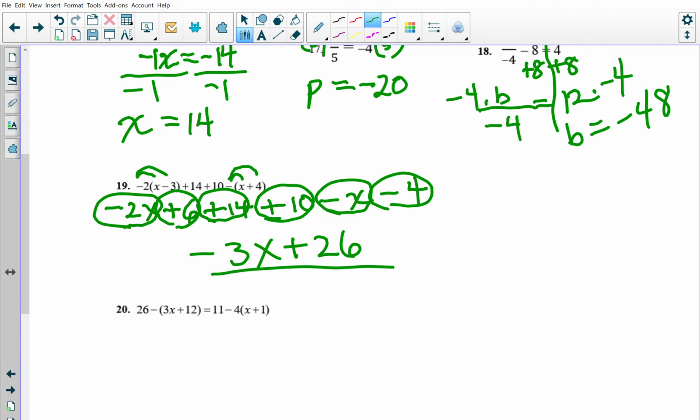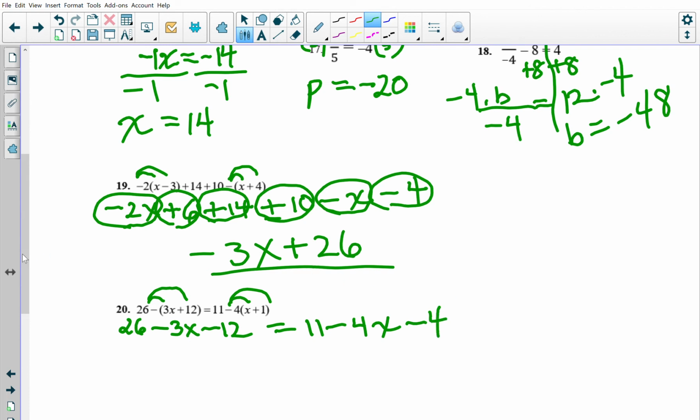And finally, number 20, that's an equation, but each of the expressions must be simplified. So I have 26, and then I'm distributing. So minus 3x minus 12 equals 11, and I'm distributing here, so it's minus 4x minus 4.